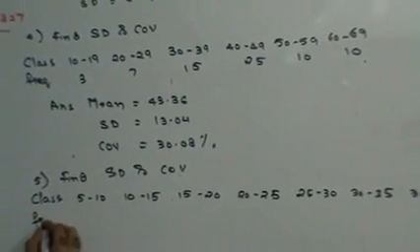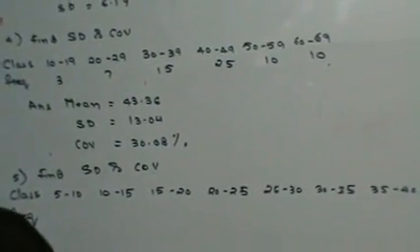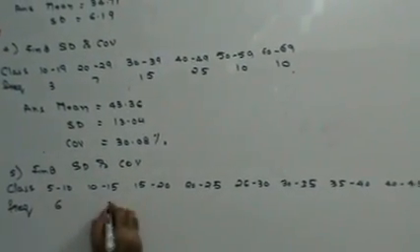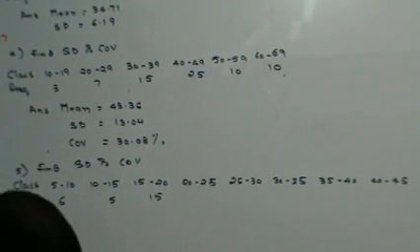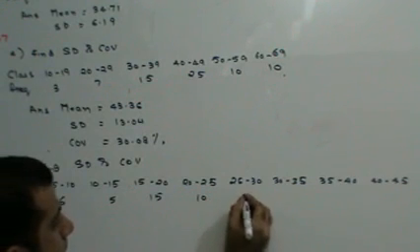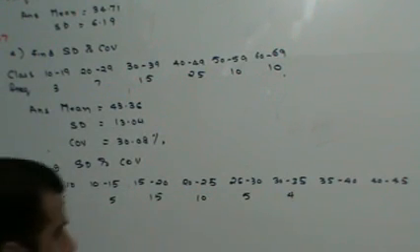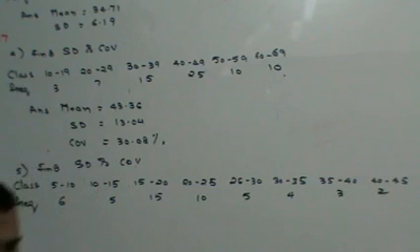Frequency is given as 6, 5, 15, 10, 5, 4, 3, 2. Same method, you do the sum by the same method.